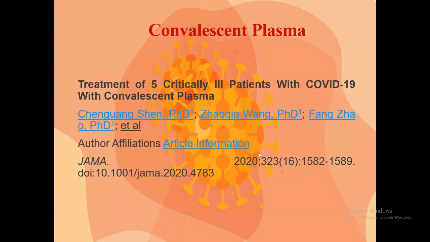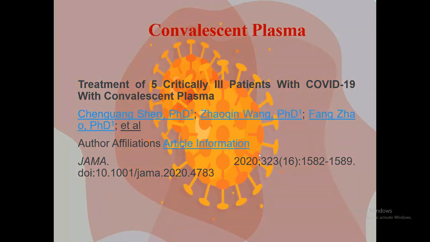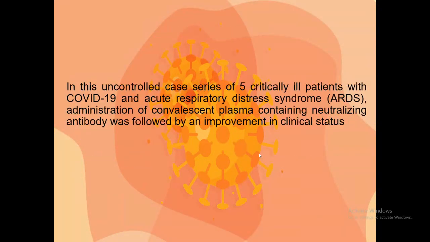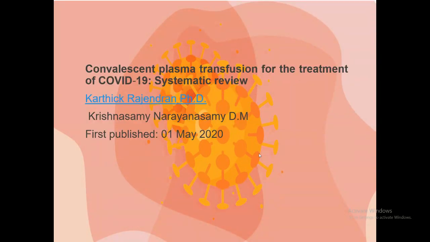Also, convalescent plasma is still under study. There is a study of five critically ill patients published in JAMA, and they found that the use of convalescent plasma, which contains neutralizing antibody, was followed by improvement in some clinical status.